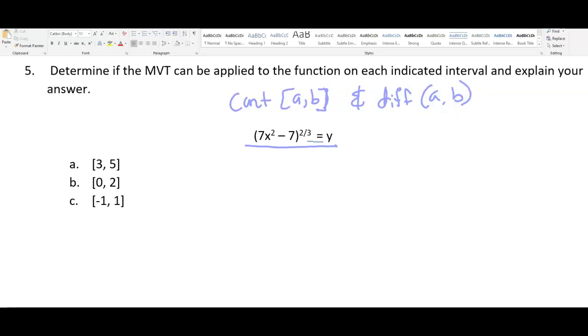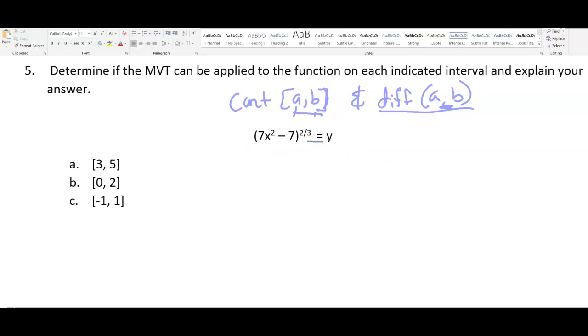So I care if the points in between a and b exist, and I care if a and b exist for the function itself. But I only care if the derivative exists in between a and b. I don't care if the derivative exists at a or b. That doesn't matter, because we're not going to use those points anyway. All right.